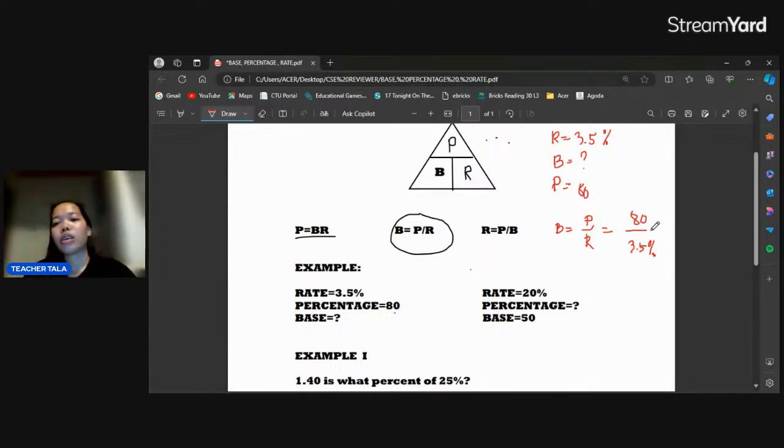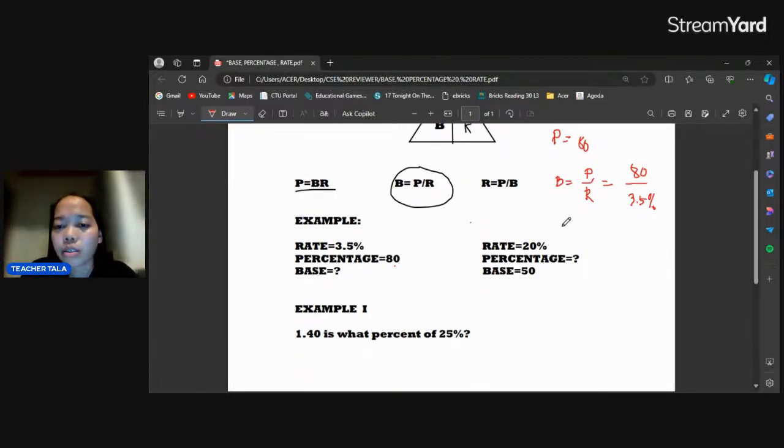So, B is equal to 80 over. Let's convert percent, 3.5% to decimal. So we're just going to move 2 places to the left. I need something to put the mouse on.